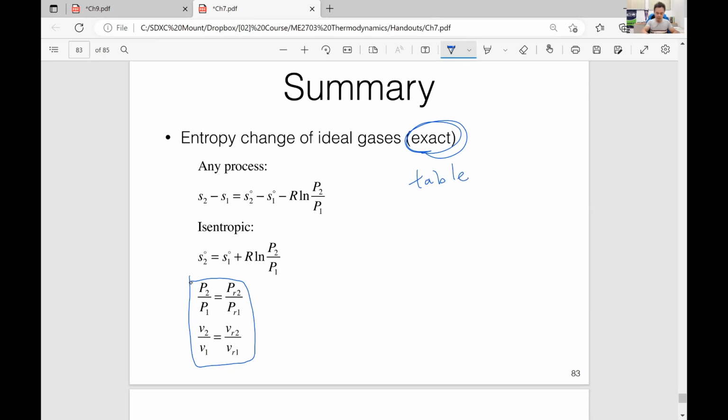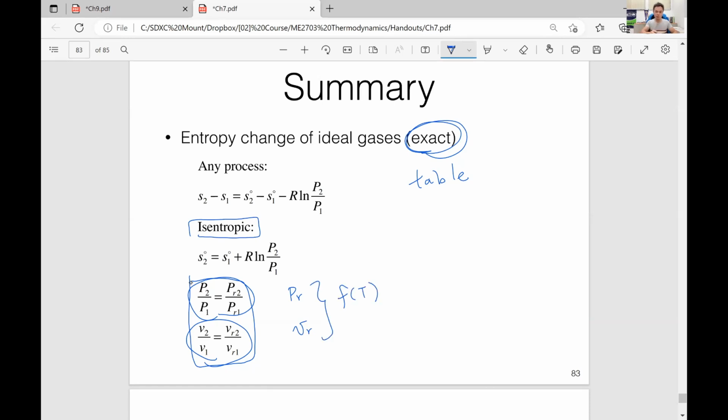So for an isentropic process and ideal gas, the pressure ratio is the same as the relative pressure ratio, and the specific volume ratio is the same as the relative specific volume ratio. Relative pressure and relative specific volume are a function of temperature only.